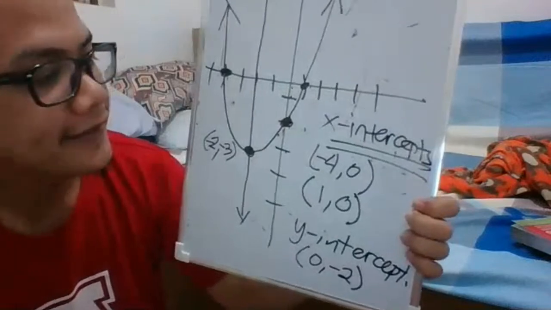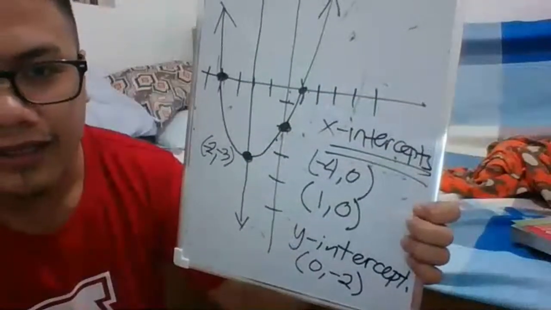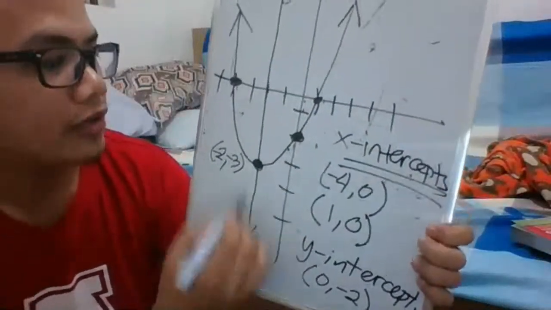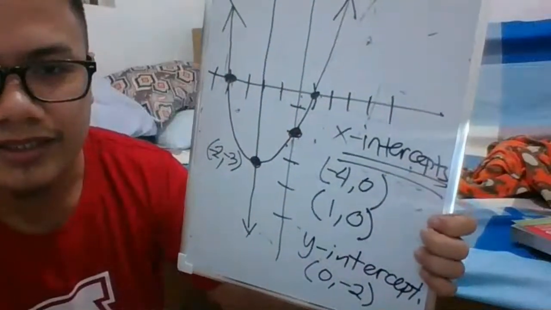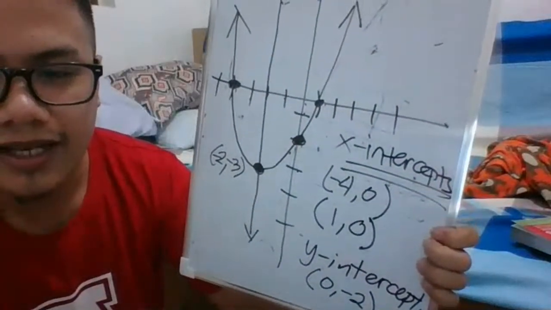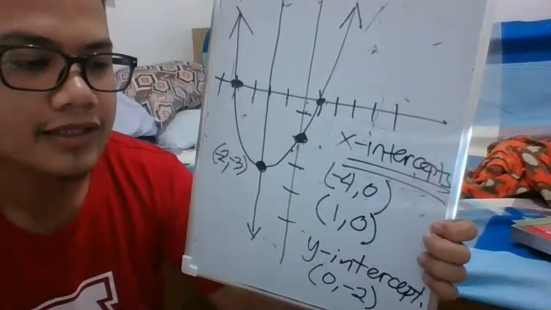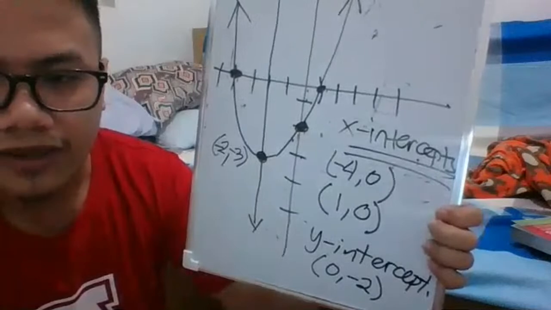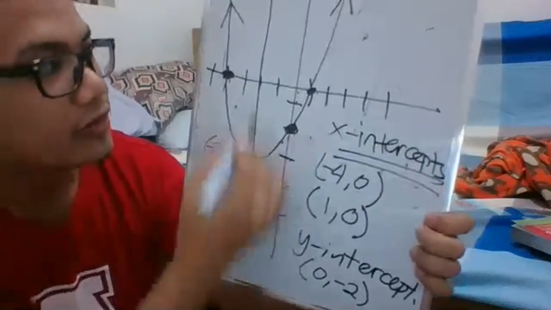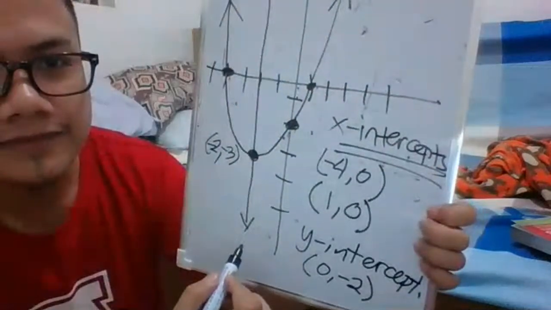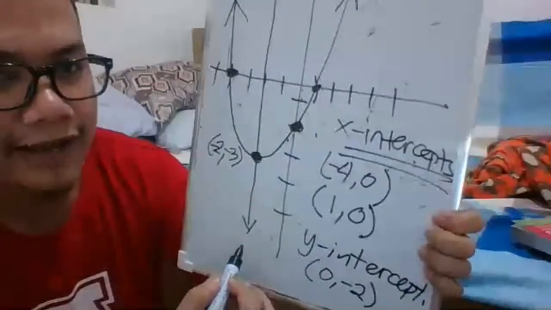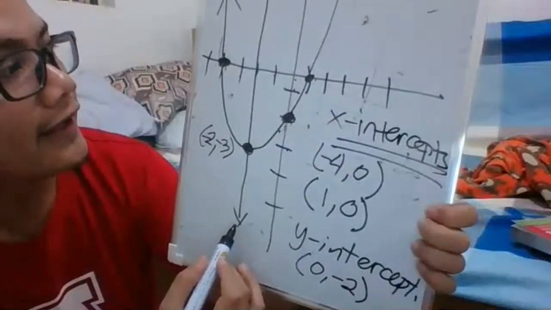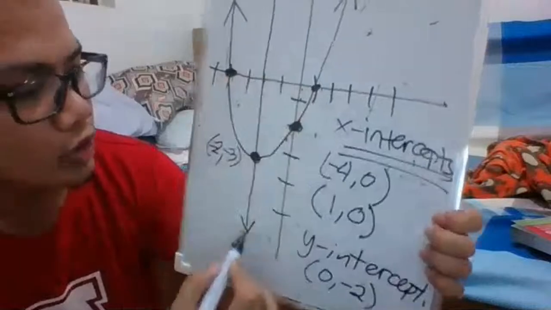And then, lastly, ang i-identify ay yung equation ni directrix. Directrix is the line that divides your parabola. Okay? So, ito yung line. If this is your line, ano equation nito?